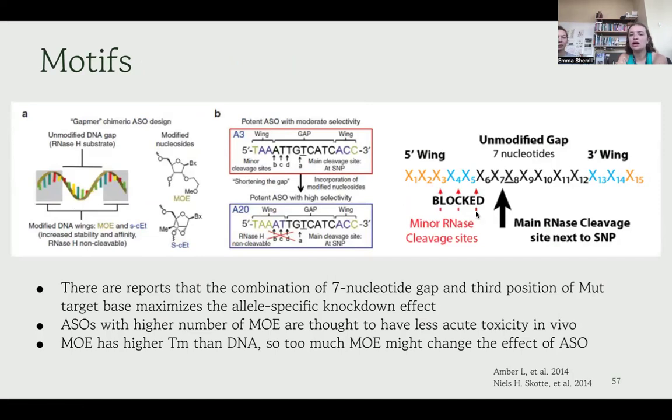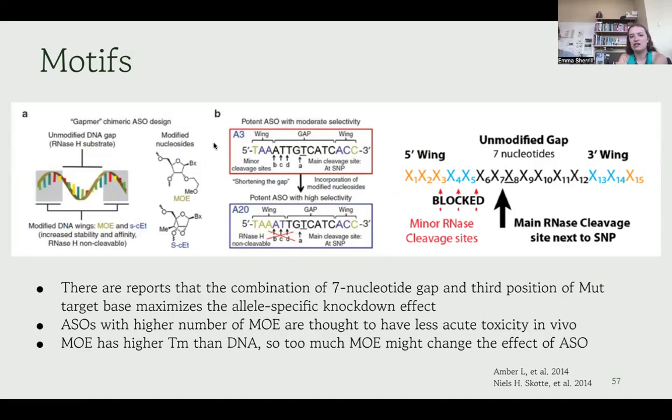So this paper showed that a gap of 7 nucleotides that has the mutation in this underlined position, the third position of the gap, maximized the allele specific knockdown effect because it blocks these minor RNA sites and makes sure that the cleavage is happening right next to the SNP, which was shown to be effective.